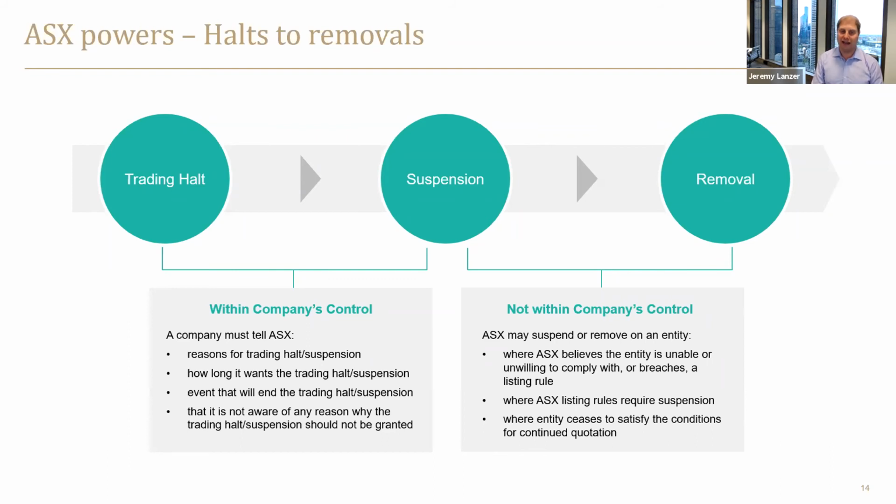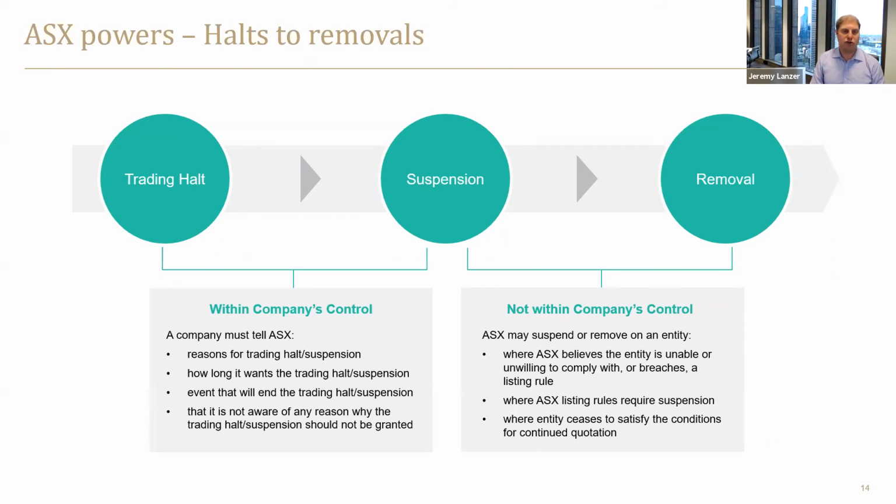And so you do see that from time to time as well, where ASX will place you into suspension, and then you may end up in suspension for quite a significant period of time until ASX is satisfied with the answers that have been provided.